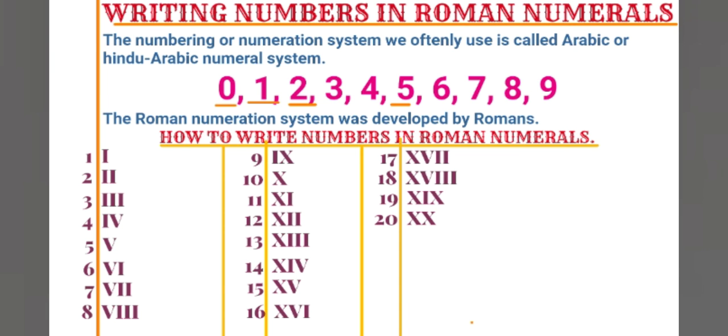20 has 2 X's. Do remember this thing: 10 has 1 X, 20 has 2 X's. In Roman numerals, we write 1 X for 10 and 2 X's for 20. 30 has 3 X's, because the numbers between 20 and 30 follow the same pattern.